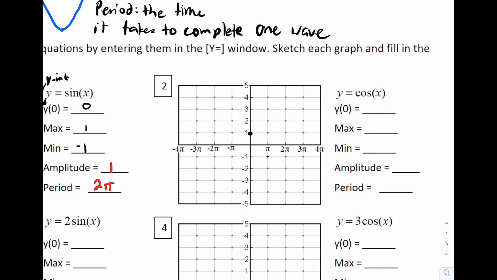So it starts at 1, then hits the bottom at negative 1 at pi, then 2 pi, 3 pi, and 4 pi. So it looks something like this, and again, we'll continue it the other way too.